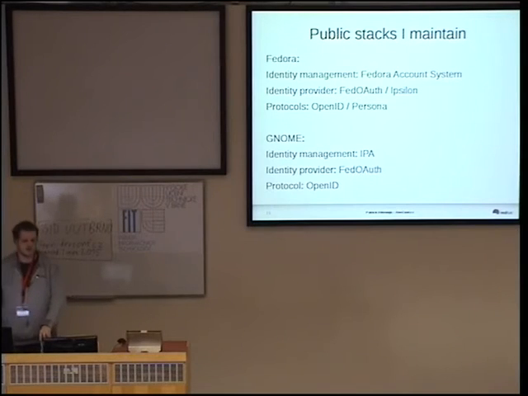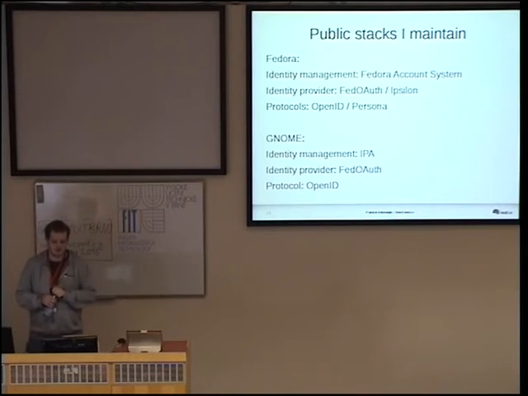So, two stacks that I maintain with the software I prefer to use personally. The identity management system, for Fedora we use the Fedora account system, though we're still talking about moving that to IPA in due time. We use FedOAuth, which is an identity provider I wrote a long time ago, and we're moving to Ypsilon.